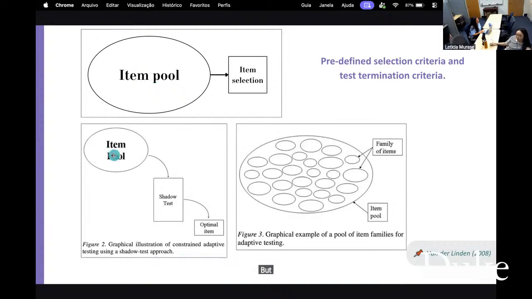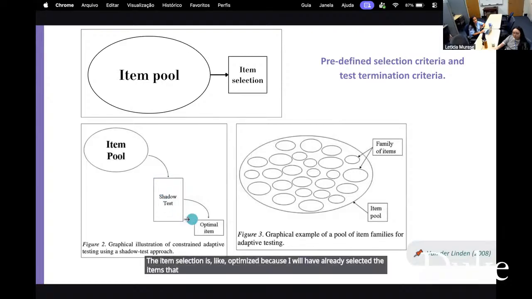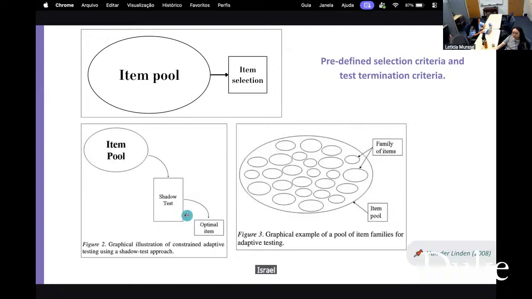But we can also have shadow tests: once I know the ability, the computer makes a shadow test, and the item selection is optimized because I will have already selected the items that relate to the person's ability. We can also have families of items in the big pool, so we know which items belong to the same family.